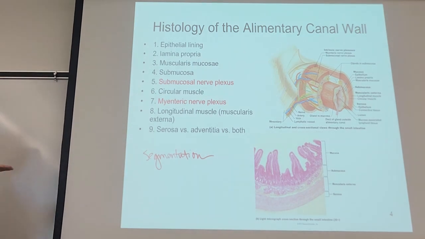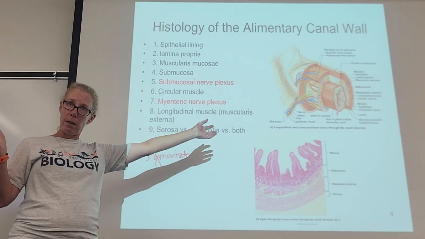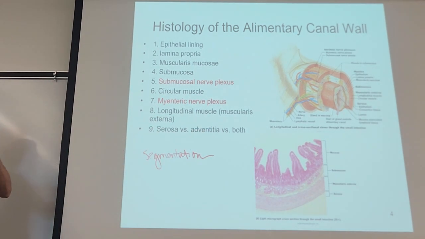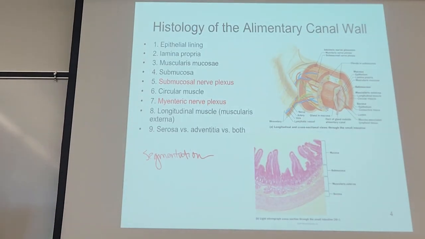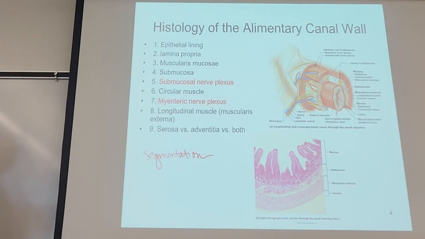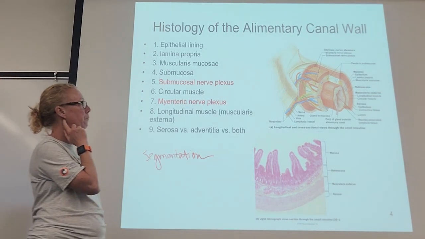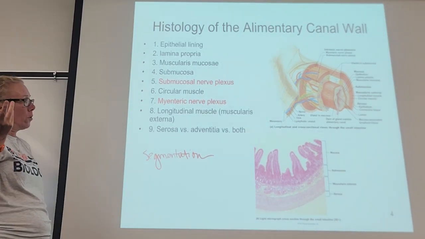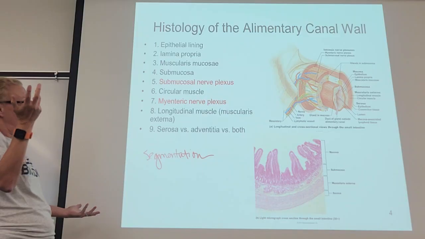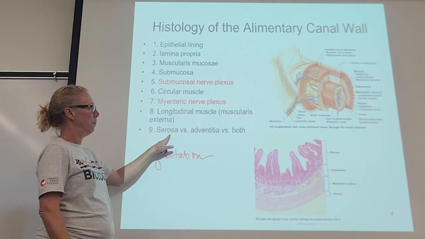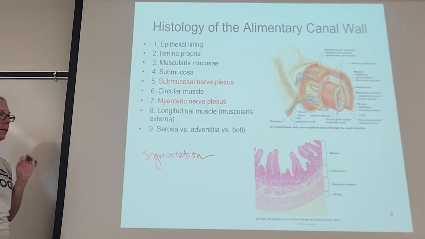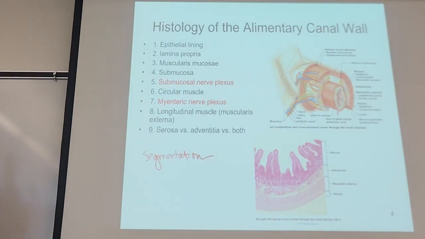The longitudinal layer, because it's going all the way down the length of the tube, is most likely going to promote moving the substance through the tube, like peristalsis or propulsion, because with structure comes function. We've known that since day one. Most superficially, because we're talking about organs in the abdominal cavity, we're talking about a serosa.